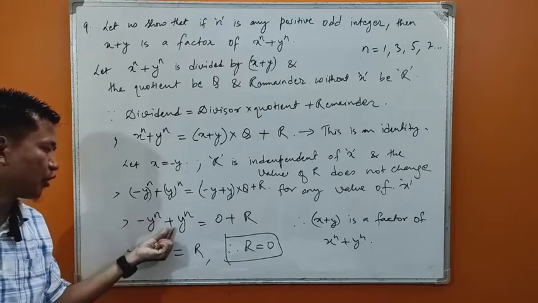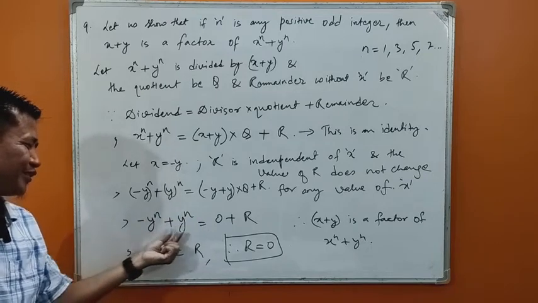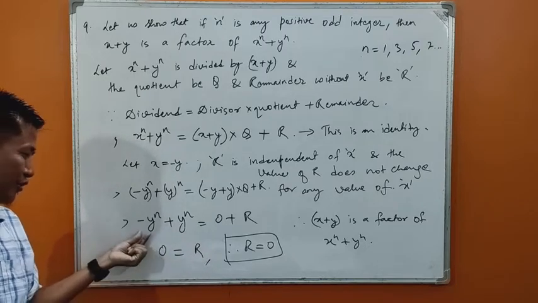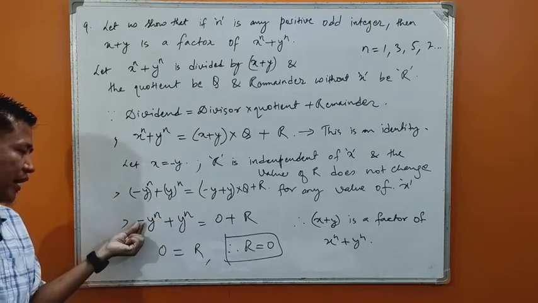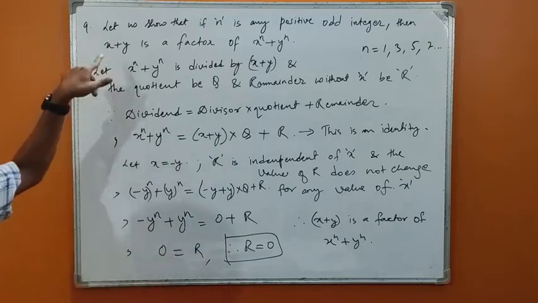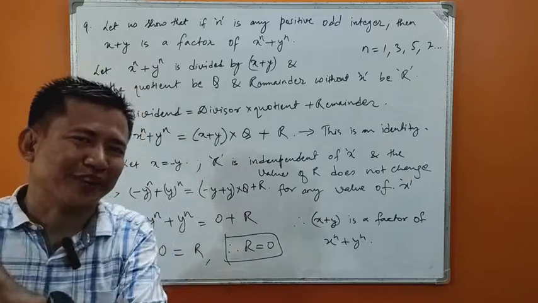Y to the power n plus y to the power n would have given 2y to the power n, so the remainder would not have been 0. In this case we have the power as an odd number, so we got minus here, and this cancels out and becomes 0. So x plus y is a factor of x to the power n plus y to the power n. I hope you got this.